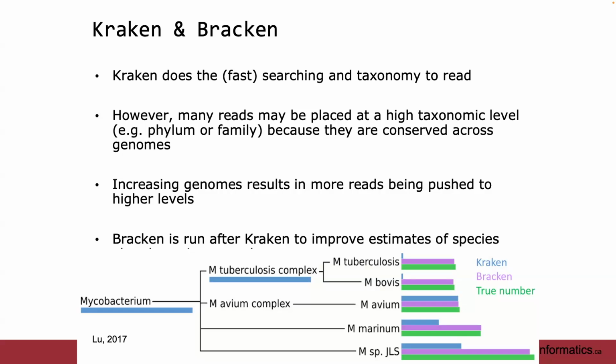It does that because, as you can imagine, if you have a database that's growing higher and higher, there's just going to be more shared content, and you may end up with a higher taxonomic rank, but you know it's more likely that there's just a single species within that. Essentially it'll try to push those reads down so that you have better resolution at that level. I don't think I want to go into more detail than that, but if you're running Kraken, it's well recommended that you run Bracken after it to get a better taxonomic assignment.